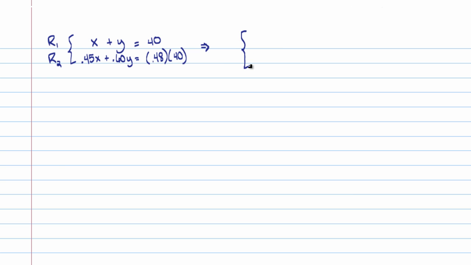One, I'll just go ahead and rewrite that top row as x plus y is equal to 40. But the bottom row here, I'm just going to multiply it by 100. So I get 45x plus 60y is equal to 48 times 40. So I multiplied each of the coefficients here by 100.